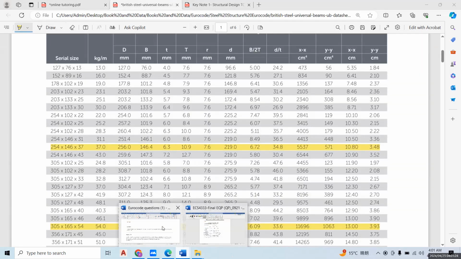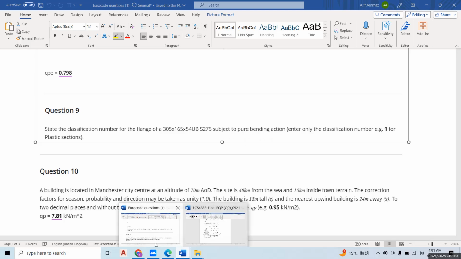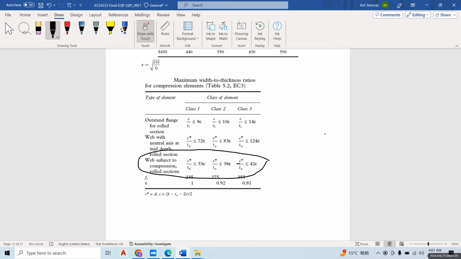Yeah, this is your question. So he said that for bending action, this formula that I have solved. But if you have a question where he says your section is under compression, then for flange you use this formula, and for compression you use these formulas. Do you understand this?